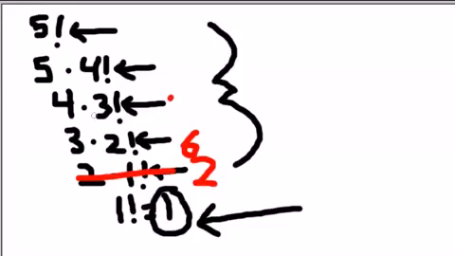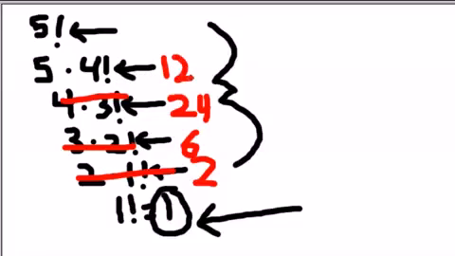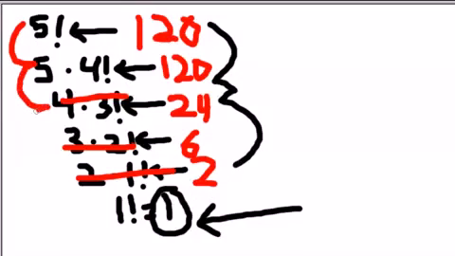Or wait a minute, I may be wrong. 4 times, yeah, that's 24. Bam, problem solved. And now that we know what 4 factorial is, it's 5 times 24, which is 120, right there. And oh, you asked for 5 factorial? Yeah, it's 120.